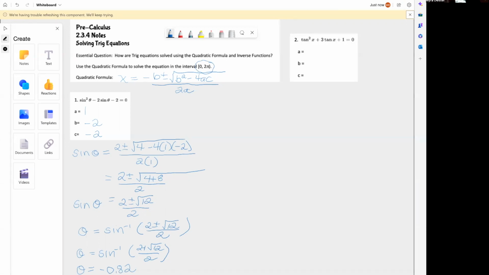Now, I know that negative 0.82 and 5.46 are both fourth quadrant angles.